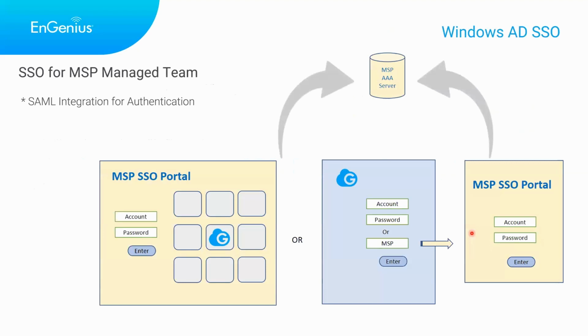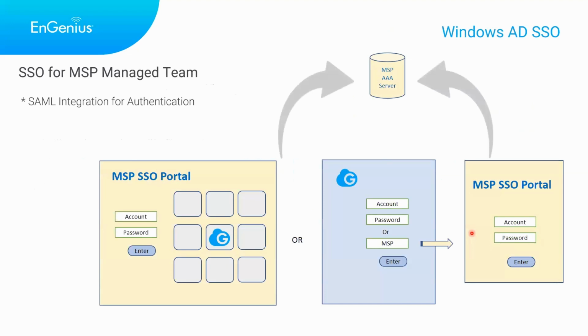We have features that are coming for the MSP portal, such as single sign-on for MSP team management. At the moment, if you want to add a member on EnGenius Cloud to be an administrator or viewer, you have to send an invite to them. They receive an invite via email, and they have to register on EnGenius Cloud.